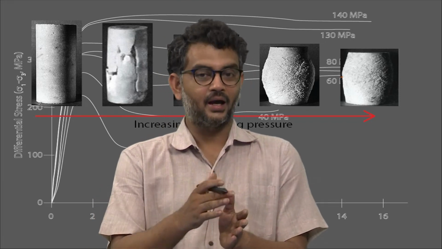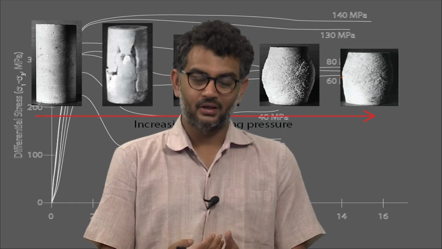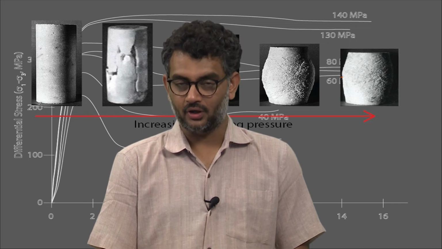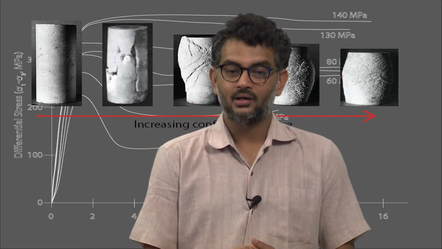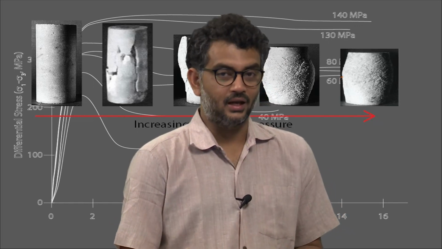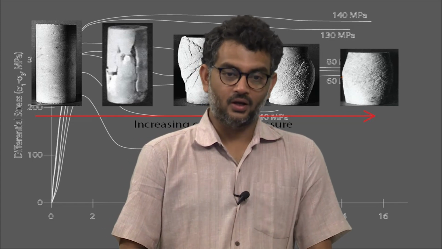So, strain rate at high temperature increases the strength, but at low temperature it hardly has any influence on the deformation of the rocks, and this is most likely because at low temperature rocks do behave in an elastic manner, and elasticity, we know, does not depend on strain rate.